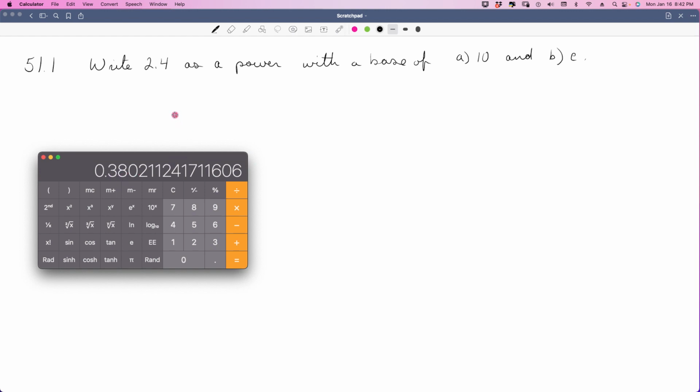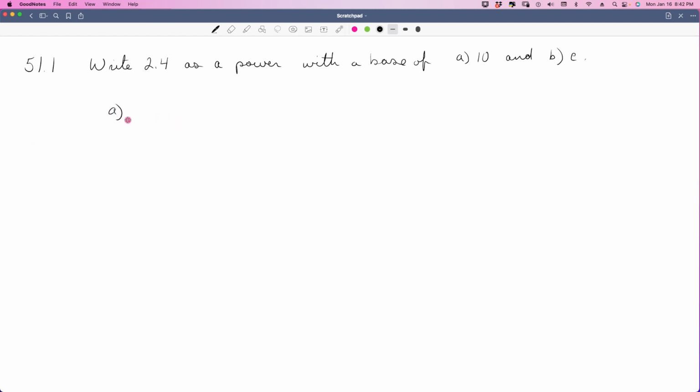So the way that we would write this, the answer for A would be 2.4 is equal to the base 10 with 0.38 as the exponent. All right. So in the calculator, we would type 2.4, and then we would press the log 10 button, and then that would equal 0.38, yada, yada, yada.